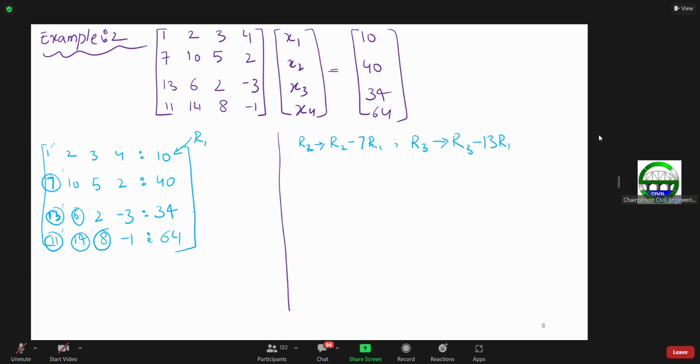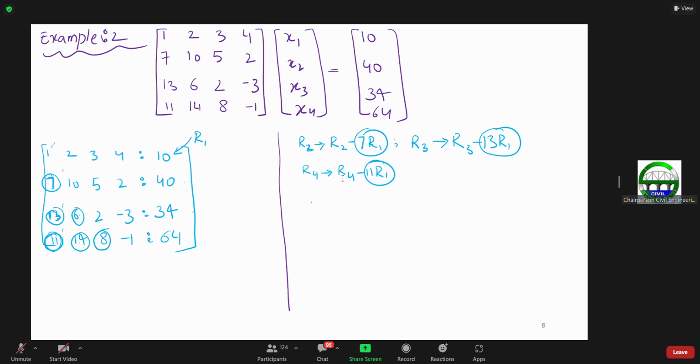It should be correct. Okay, R3 minus 13R1. And then if I want to make this 0, R4 is equal to R4 minus 11R1. You can see we subtracted the first row from all of these operations.